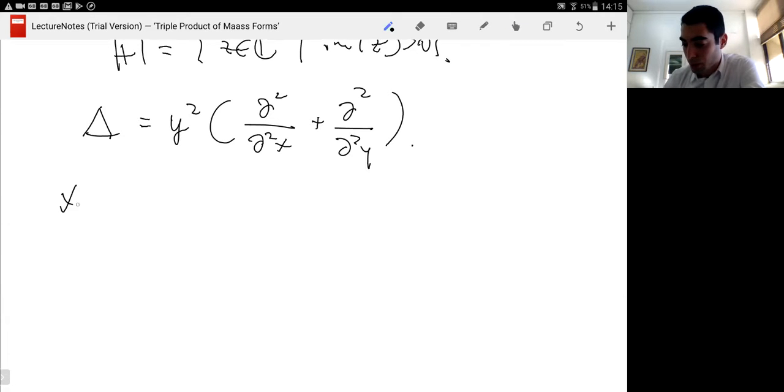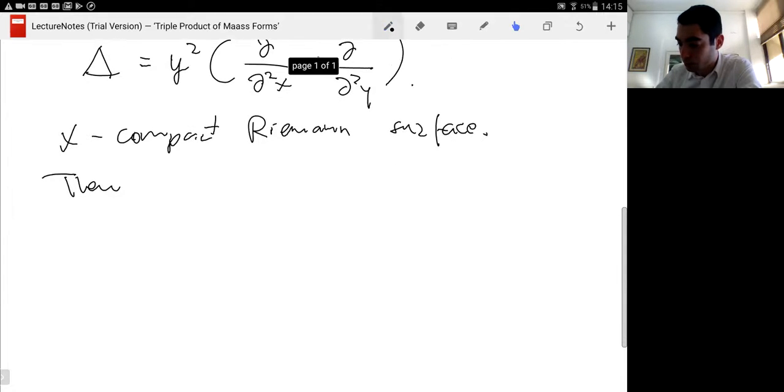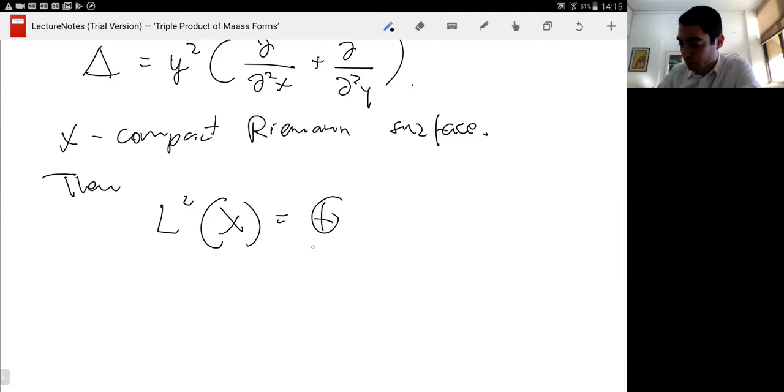So suppose X is now a compact Riemann surface. Then its L2 decomposes as a discrete direct sum over the eigenvalues of the Laplacian.